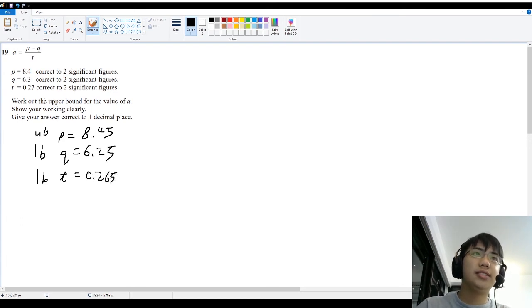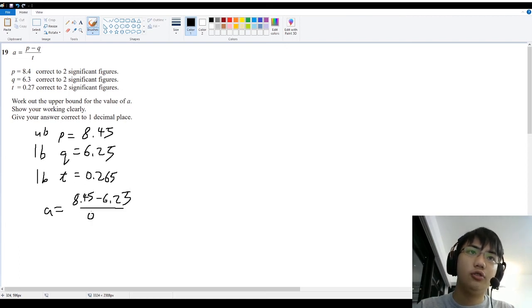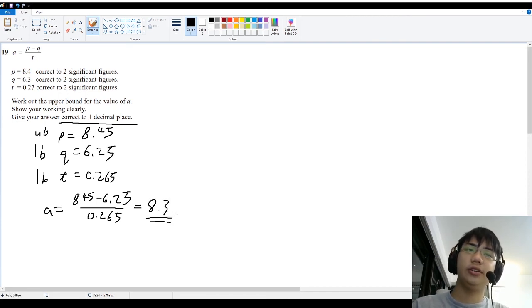The reason for this is that we want the highest value of p and the lowest value of q, so we have the highest numerator, and we also want a low denominator, so we have the lower bound for t. So a equals 8.45 minus 6.25 over 0.265, and that correct to one decimal place is 8.3. So that's the upper bound of a.